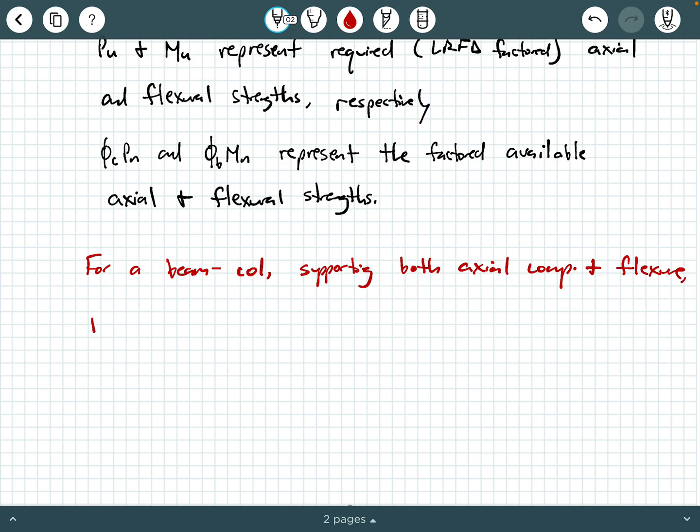We end up with Pu over phi C Pn plus Mu over phi B Mn must be less than or equal to 1.0. That means that the superposition of these ratios, because both effects are happening to this member together, when you add them together, they still must be less than or equal to 1.